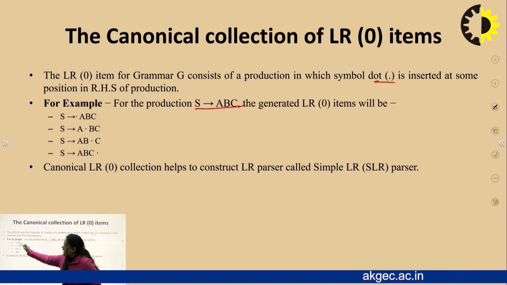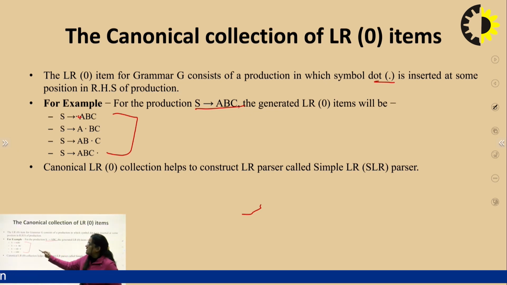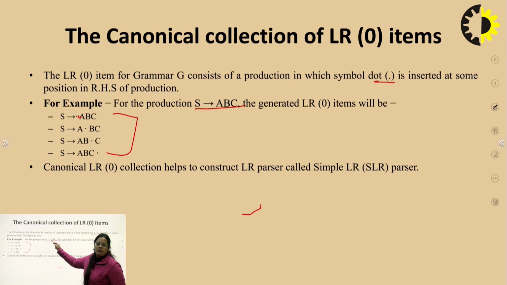First is S implies dot ABC, S implies A dot BC, S implies AB dot C, and S implies ABC dot. These four items are generated from the production S implies ABC.